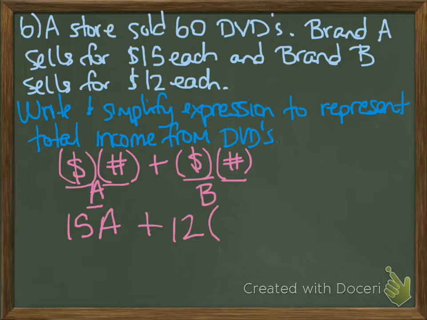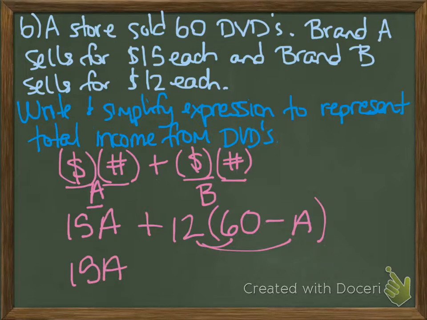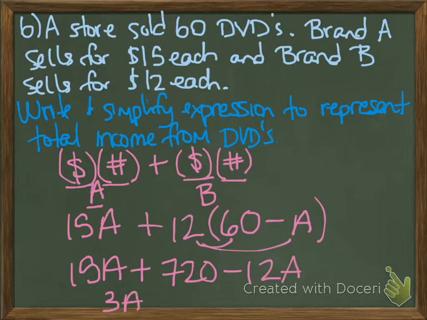Well, keep in mind that we're selling 60 altogether, minus the A DVDs that we sell will give us how many brand B DVDs. When we go ahead and distribute this and simplify this, we're going to have 15A plus 720 minus 12A. And simplifying this, we get 3A plus 720.